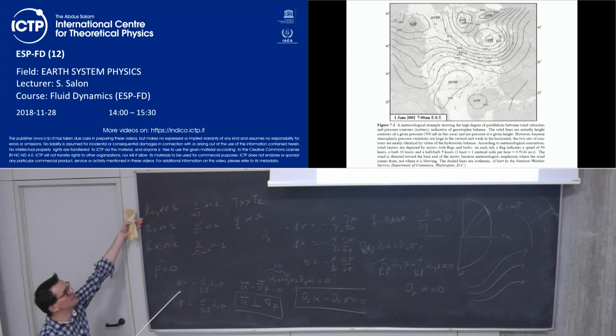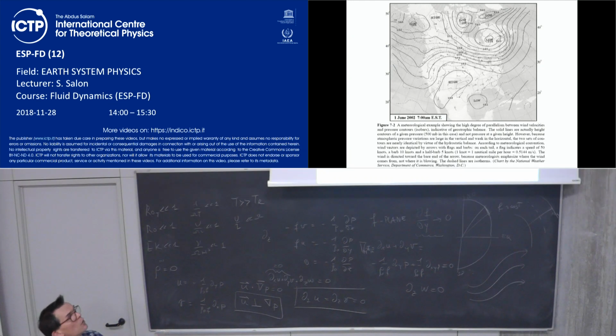And we can consider that since these are very slow flows which persist for more than 1 day, also the Rossby numbers are satisfied. So this is a meteorological example showing the high degree of parallelism between wind velocities, u, and pressure contours. So this is an example of geostrophic balance. Of course it is not perfect, sure.